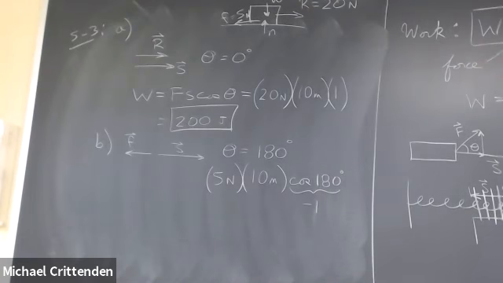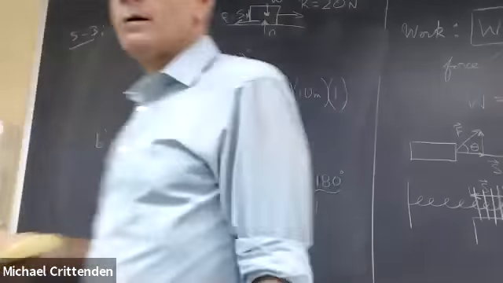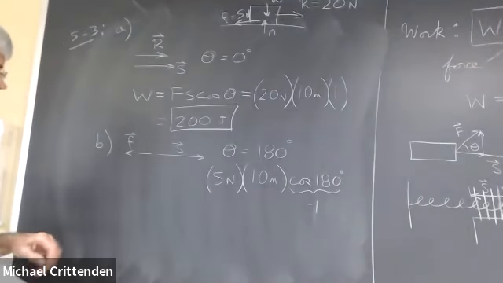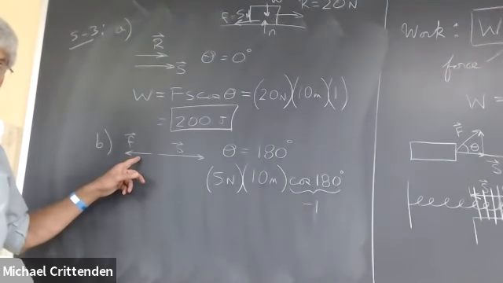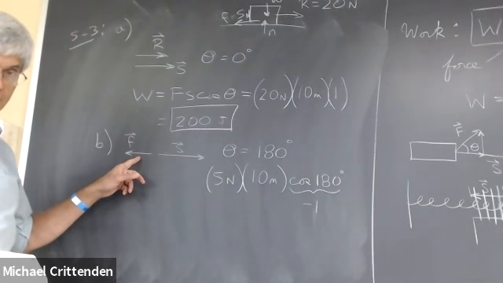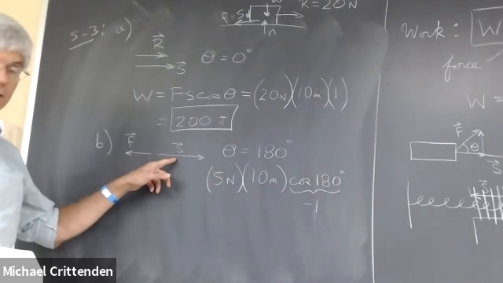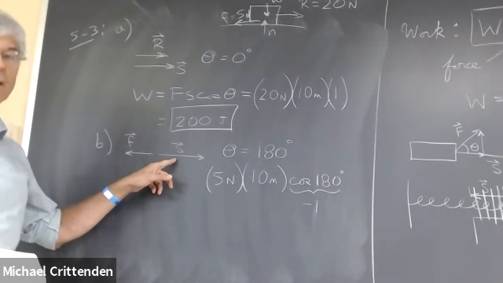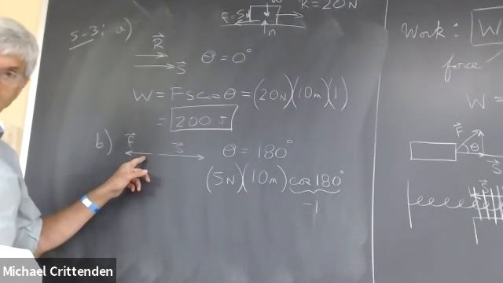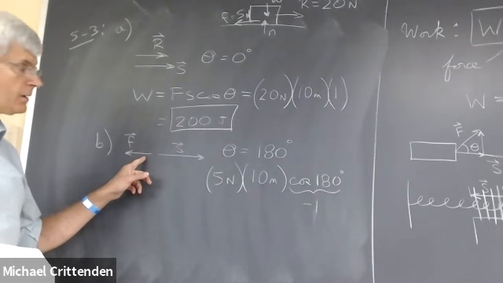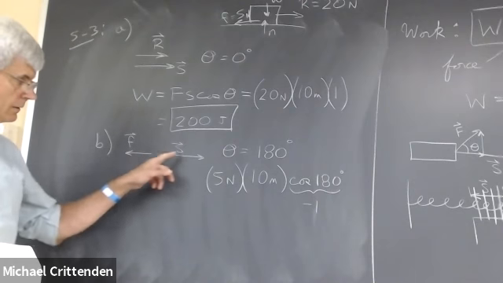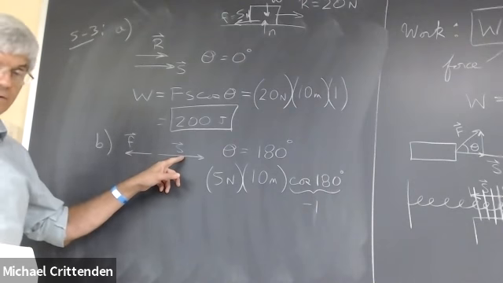And maybe I should pause here for a moment just to make a general point. Remember the catchy little phrase, friction always opposes motion. No matter what direction something is moving in, the force of friction always makes a 180-degree angle with the direction that the thing moves.